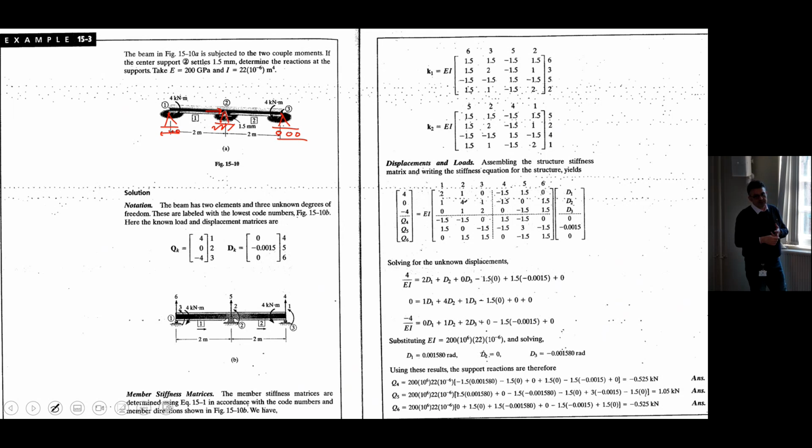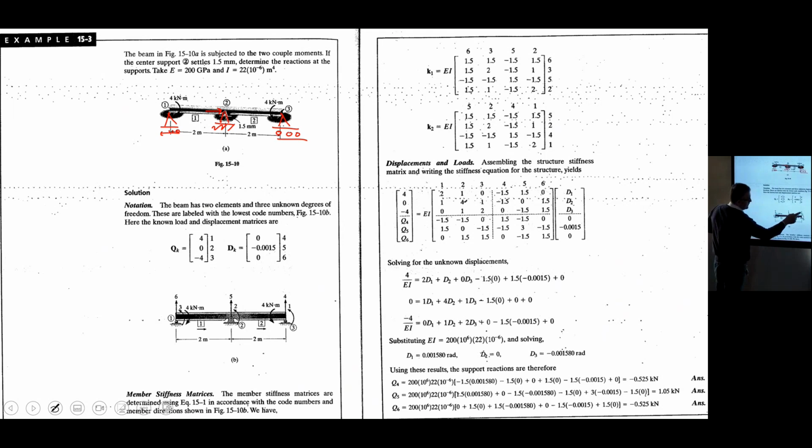How many degrees of freedom? 6. It's exactly like the previous. 6 degrees of freedom, numbered 1, 2, 3, 4, 5, 6. We know that 3 of them will be eliminated further.